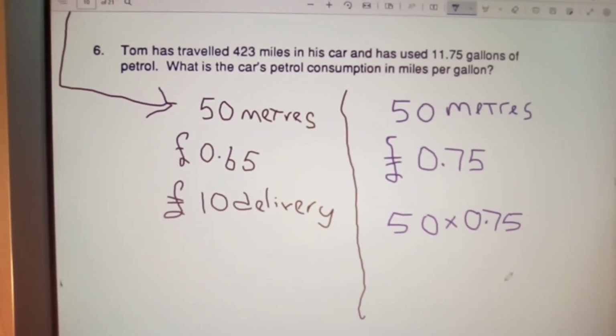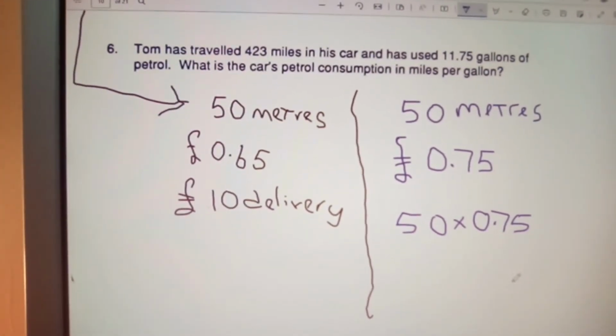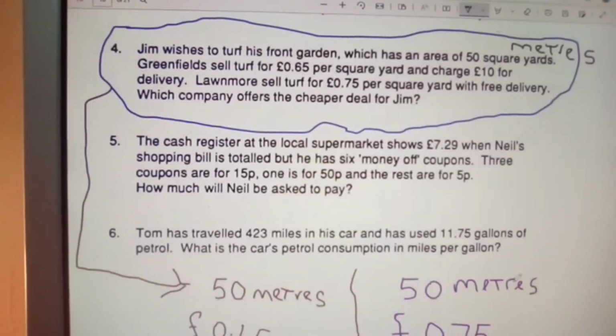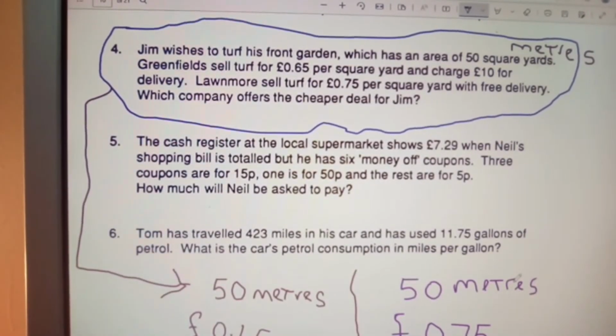But then you remember you need to move the decimal point back after. So let's look at lawnmower: turf for 0.75 per square meter with free delivery.